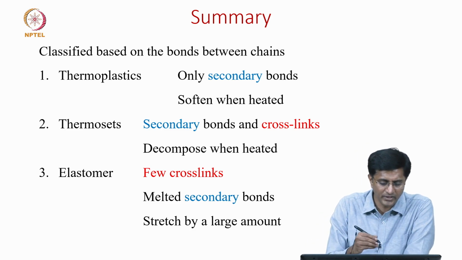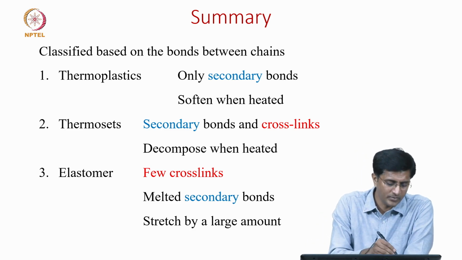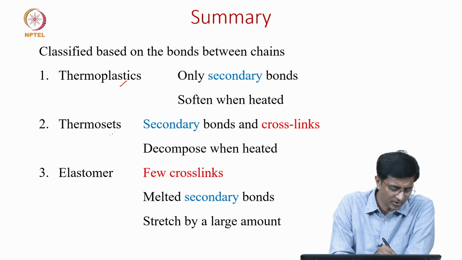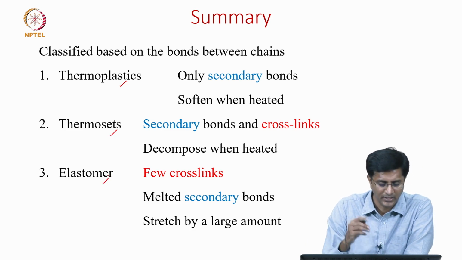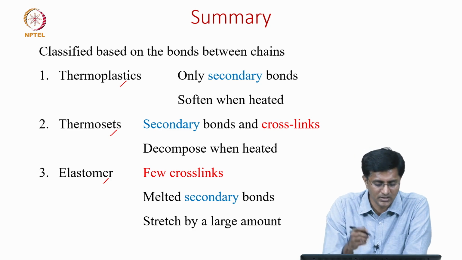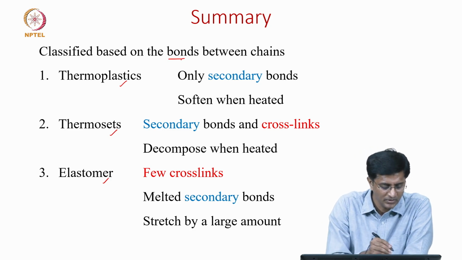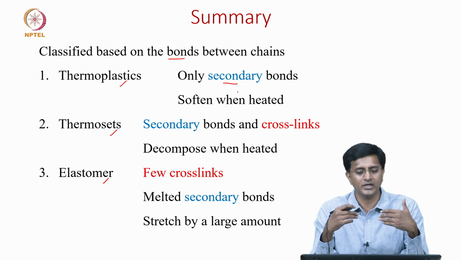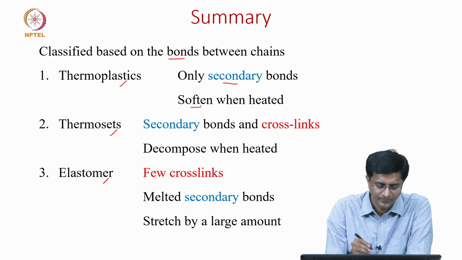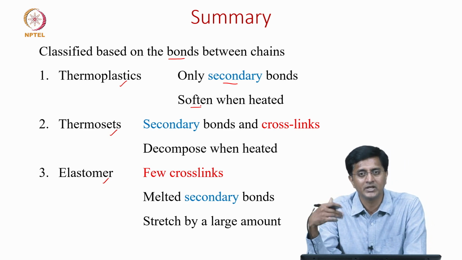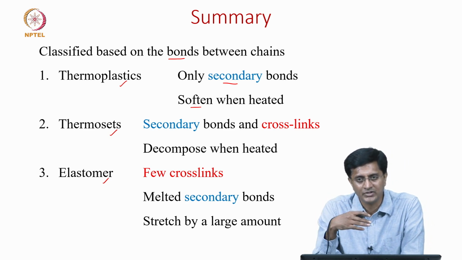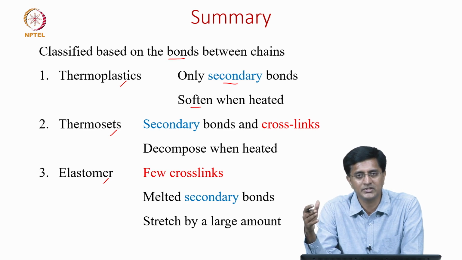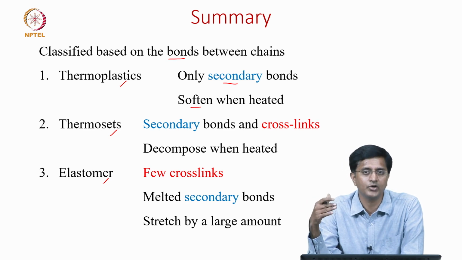So, we have classified common polymers as thermoplastics, thermosets and elastomers, and the way we have classified these is based on the bonds. We started by saying that thermoplasts have only secondary bonds. So, when they are heated they soften and these are recyclable, meaning once you heat it, it turns into a viscous liquid and it can be again molded to a new shape.